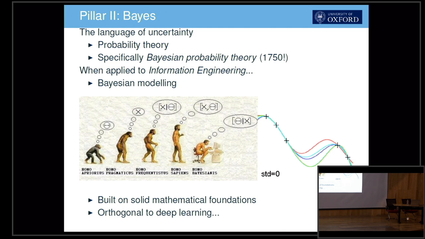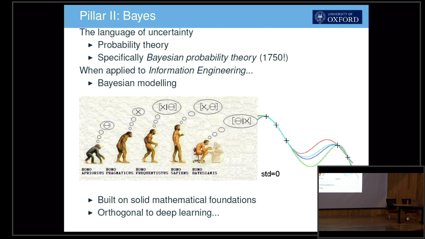When we apply Bayesian probability theory to information engineering, we get what we call Bayesian modeling, where instead of looking for a single set of parameters that maximize probability for the data, we put a distribution over all possible parameters, and we ask what is the probability for different parameters, which are more likely, which ones are less likely, given some data. If you have some function and you have some inputs x and y pairs, then you can say this is a very likely function, these might be less likely functions, but we basically want all the functions.